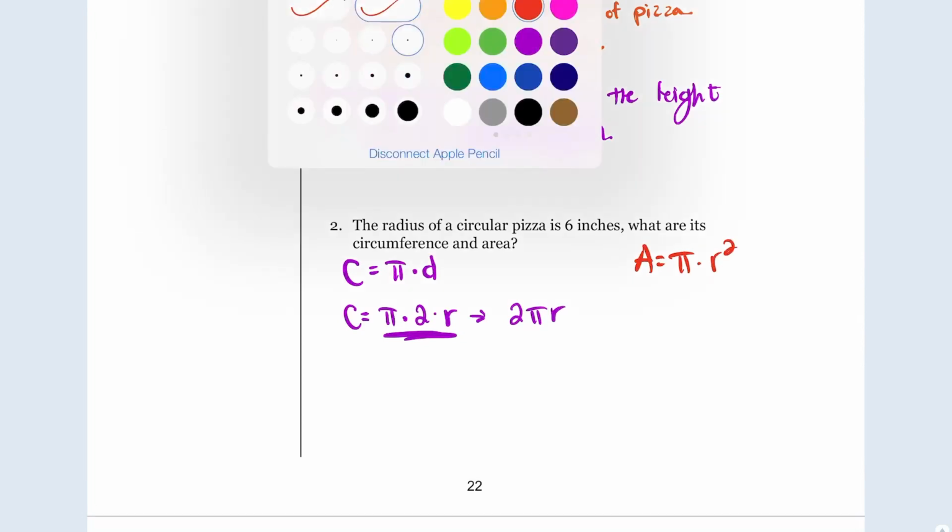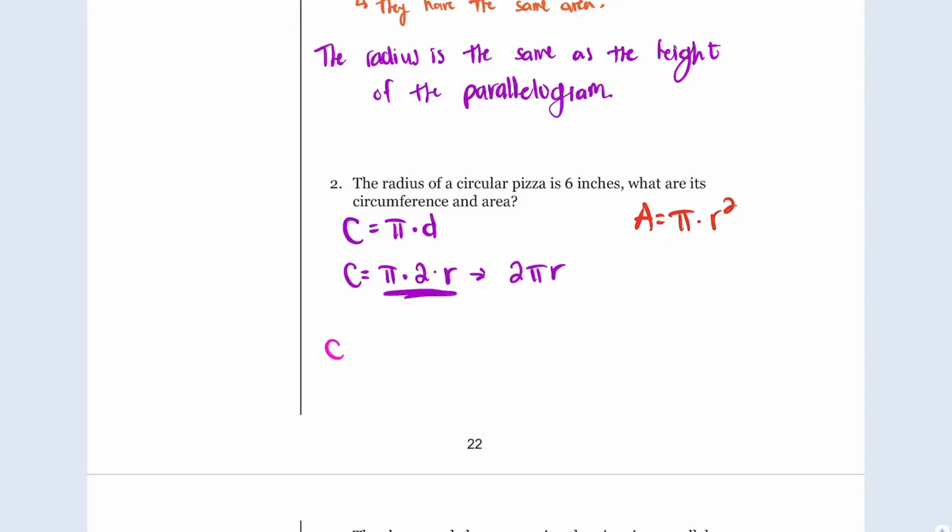So now all we have to do is use these two formulas. The circumference is equal to pi times 2 times your radius, which is 6. So it looks like we're going to have 12 times pi. If you type that into your calculator, we're going to round to the nearest hundredth here. 12 times pi, yes, use the pi button. So we get approximately 37.699, which I'm going to round to 37.70, and we're in inches. Oh, excuse me, not inches squared.